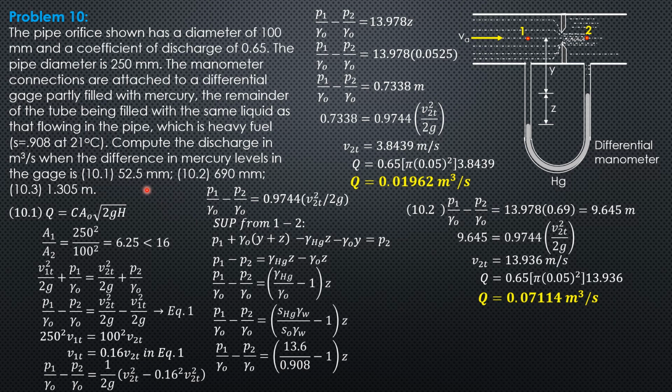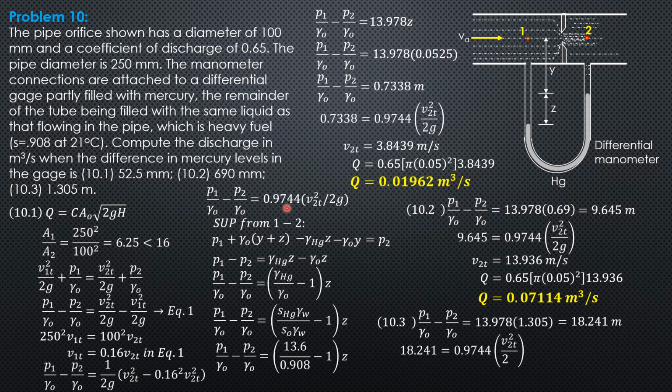Finally, for the third part, Z is 1.305. So the difference in pressure heads is equal to 13.978 times 1.305, and that is equal to 18.241 meters. Then we substitute into this equation. 18.241 equals 0.9744 times the theoretical velocity head at 2.